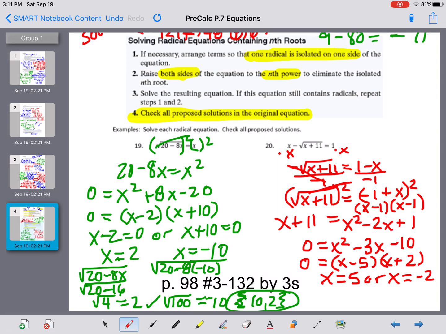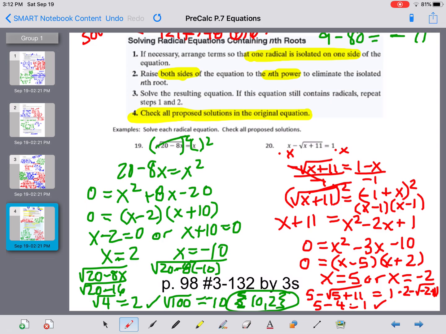Okay. Plug and chug through to make sure this works. If I have 5 minus the square root of 5 plus 11, does it equal 1? So 5 plus 11 is 16. The square root of 16 is 4. Does 5 minus 4 equal 1? Checks, no problem. Plug in the negative 2. Negative 2 minus the square root of negative 2 plus 11.